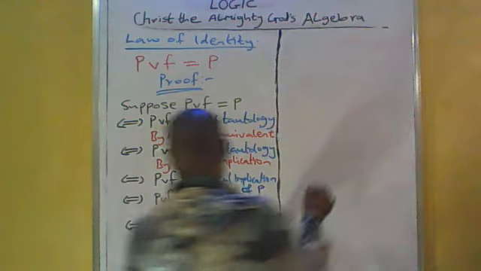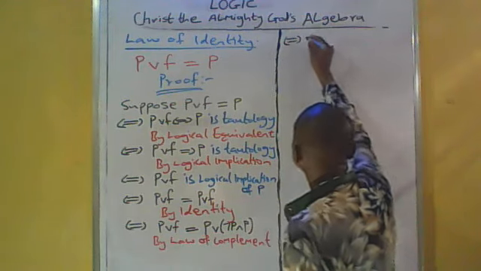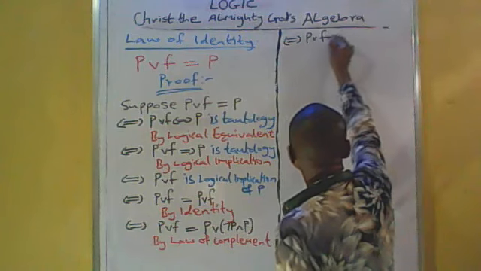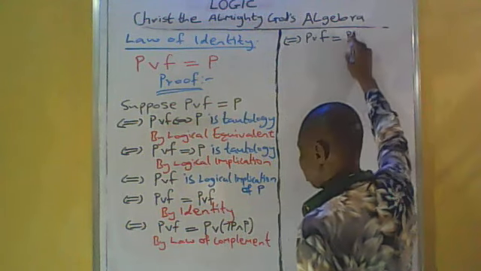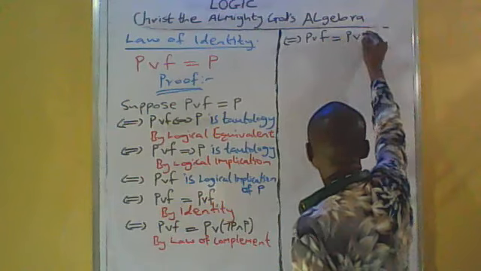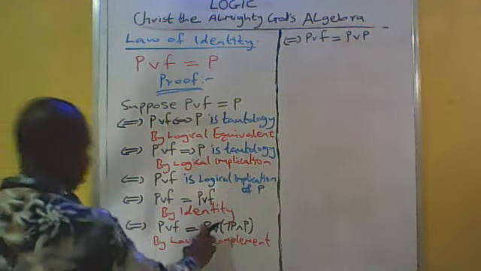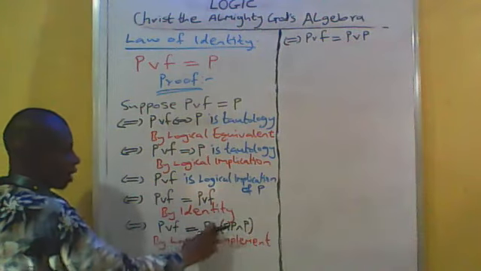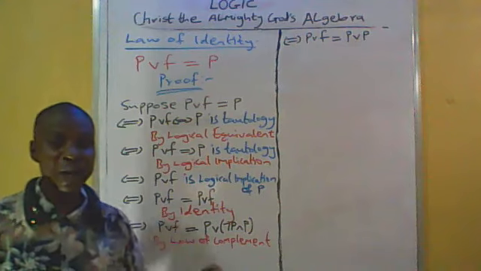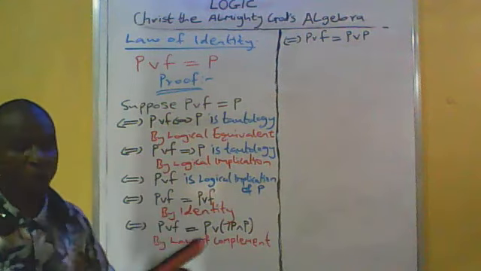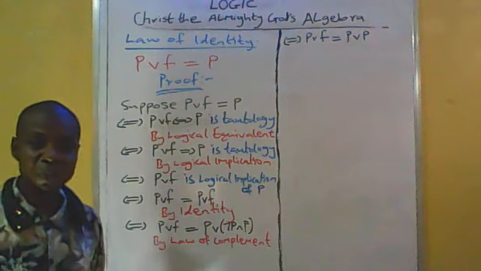If and only if P or F is equal to P or P. You will see that this P or bracket not P and P is equal to P or P by second Ejike's law.